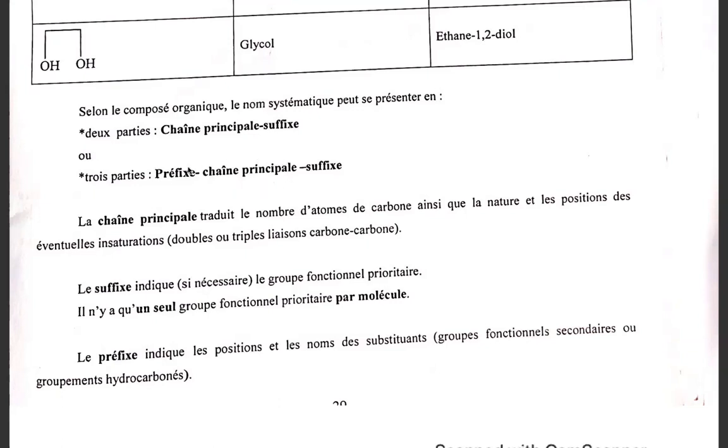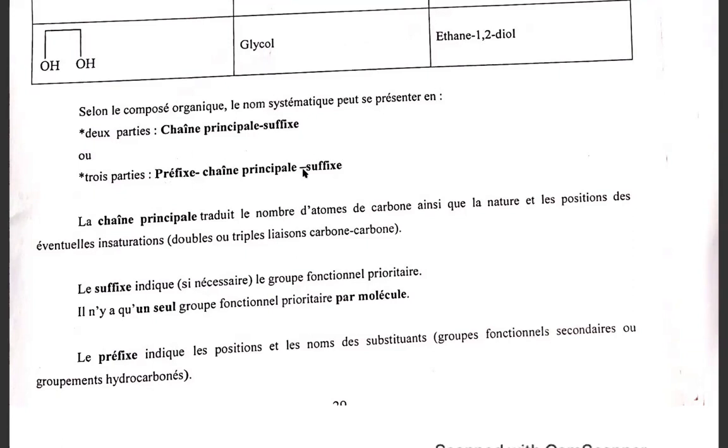Then the number of carbon atoms also defines what the prefix is going to be. So all in all, what we could say is the prefix and the chaîne principale go together. They are one and the same thing, because the chaîne principale is what defines the prefix.